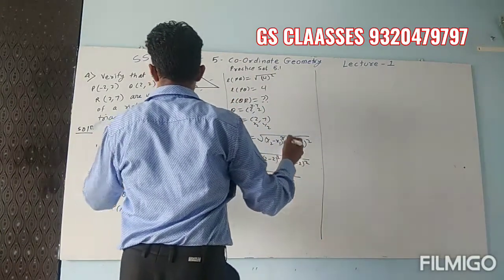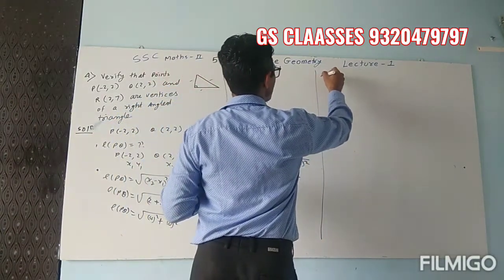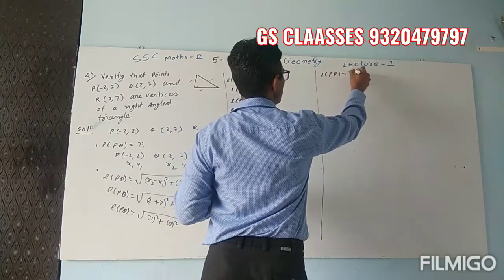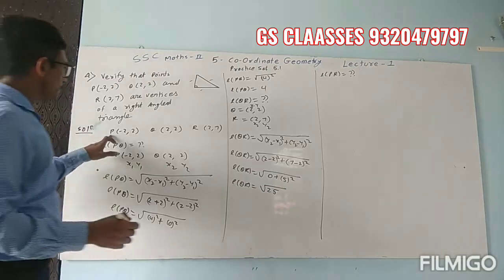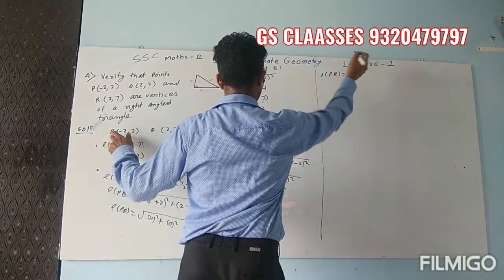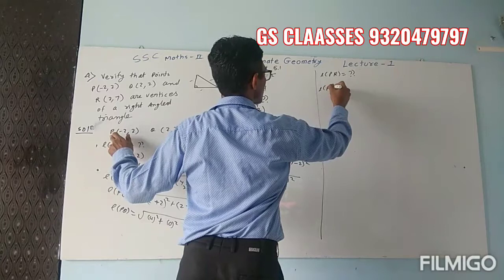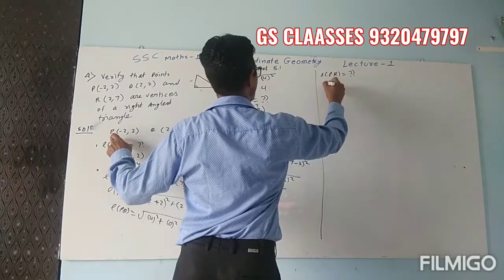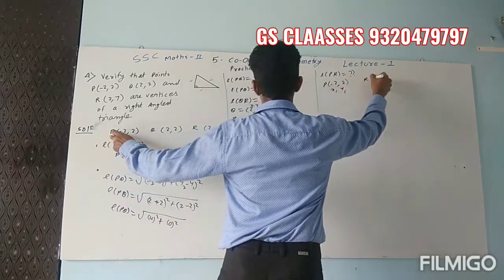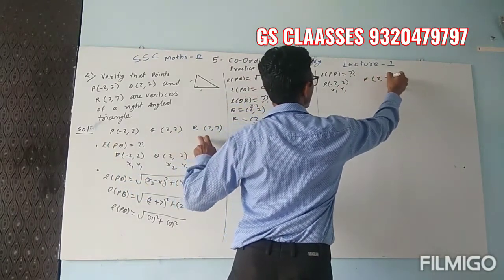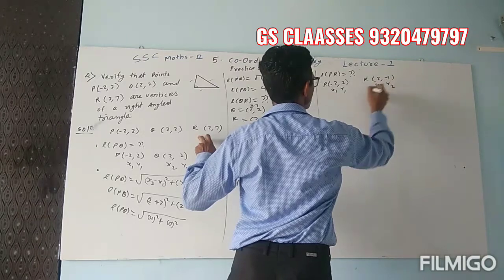Similarly, now we will calculate PR. P value is given to you, minus 2 and 2, x1, y1. R value is also given to you, 2 and 7, x2, y2.